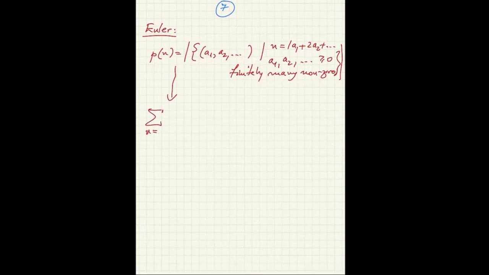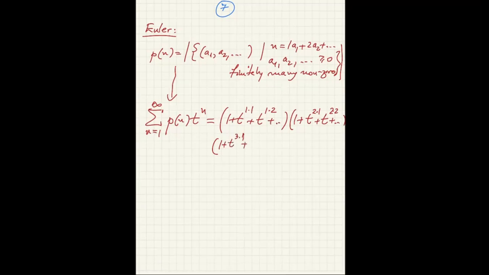The summation from n equals 1 to infinity of Pn t to the n will equal an infinite product, of the form 1 plus t to the power 1 times 1 plus t to the power 1 times 2, and so on. Then 1 plus t to the power 2 times 1, t to the power 2 times 2, and so on. The next factor will be 1 plus t to the power 3 times 1, plus t to the power 3 times 2, and so on.